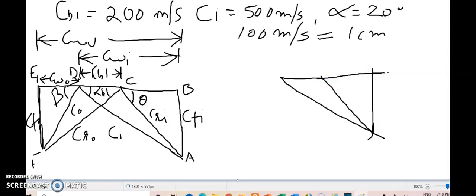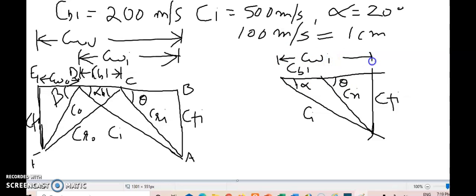So we will obtain point B. So this is what is obtained as the inlet velocity triangle. So this is CAI, this is CRI, this is CFI, this is CBL already drawn, this is alpha, this is theta, and this is CWI.